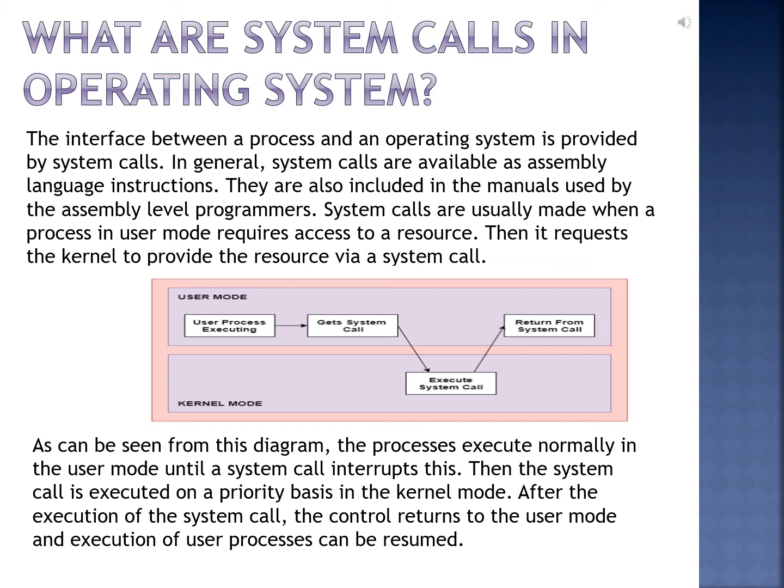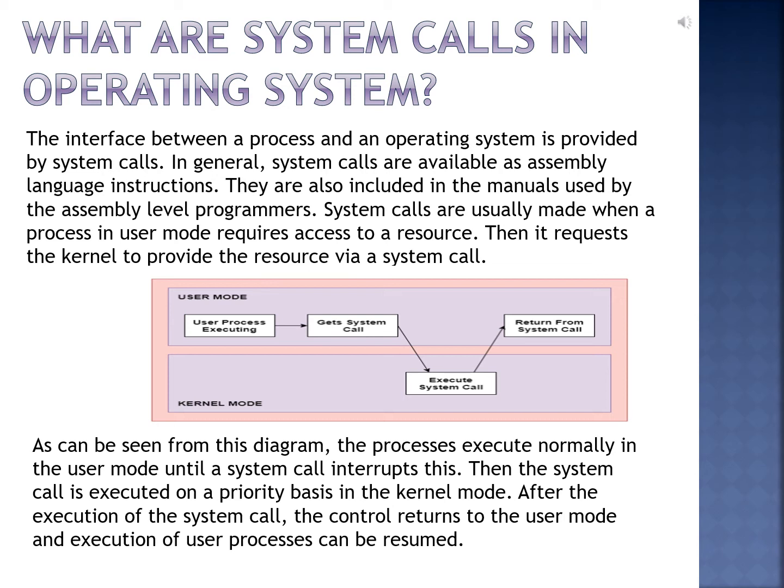As can be seen from this diagram, the processes execute normally in the user mode until a system call interrupts this. Then the system call is executed on a priority basis in the kernel mode. After the execution of the system call, the control returns to the user mode and execution of user processes can be resumed.